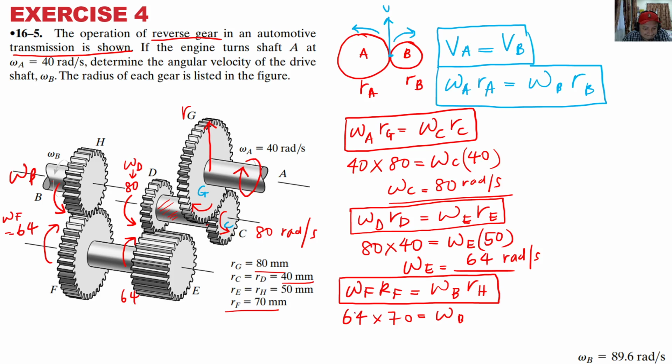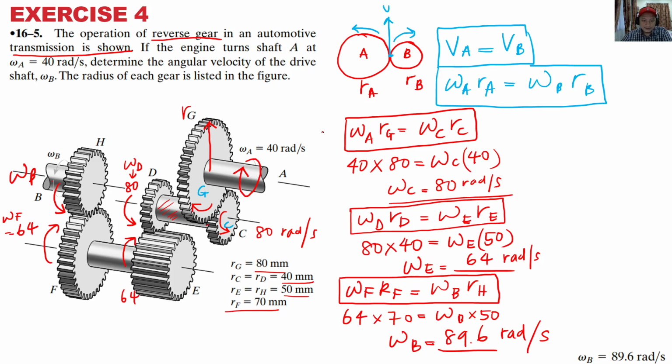RH is 50 mm. So omega B is equal to 64 times 70 divided by 50, which is 89.6 radian per second.